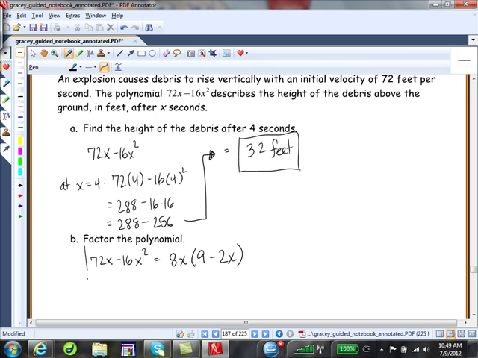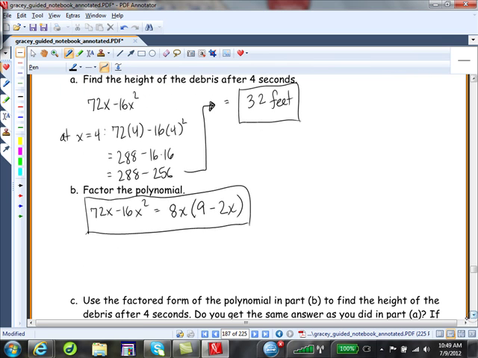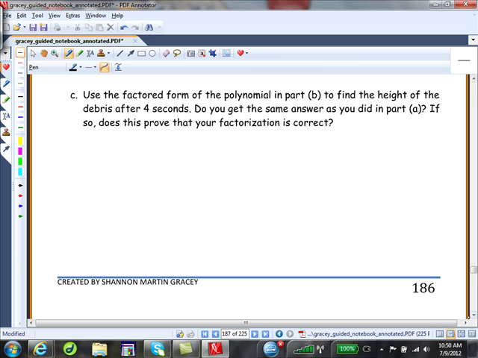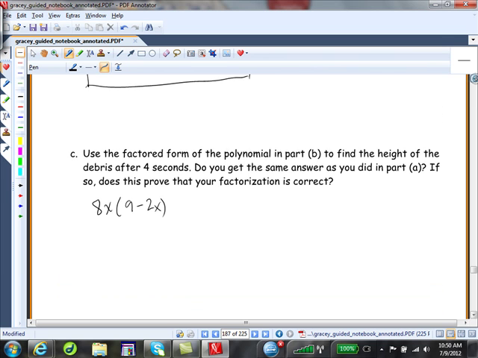Now what we want to do is compare these things, right? If we factored correctly, then we should get the same result when we plug in 4 to the factored form. So we had 8x times 9 minus 2x, I believe, is what we just got. Double check. Okay.